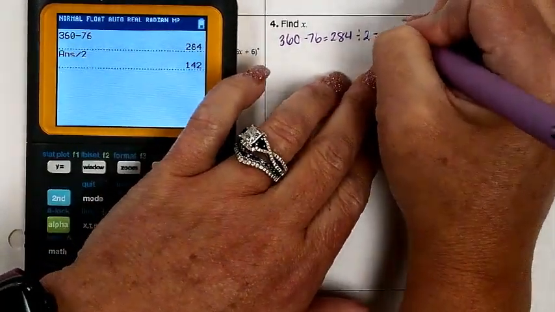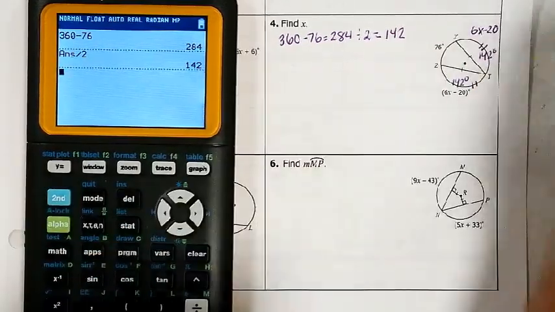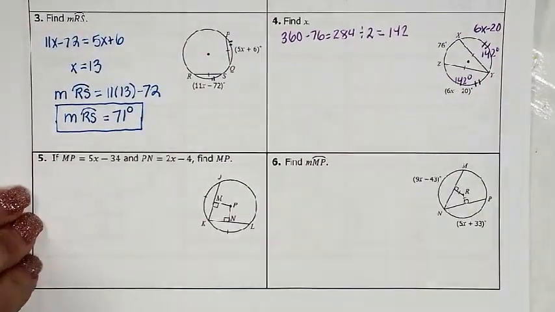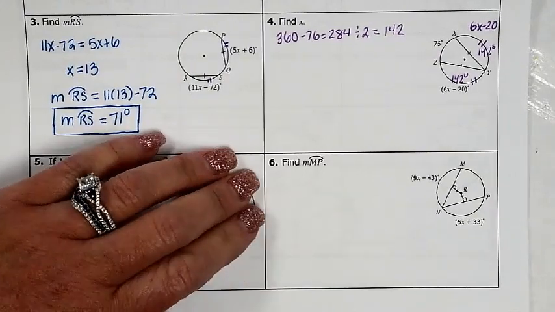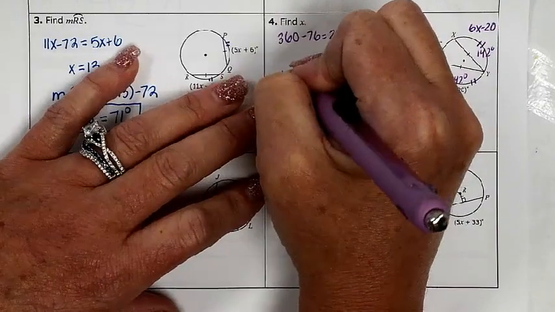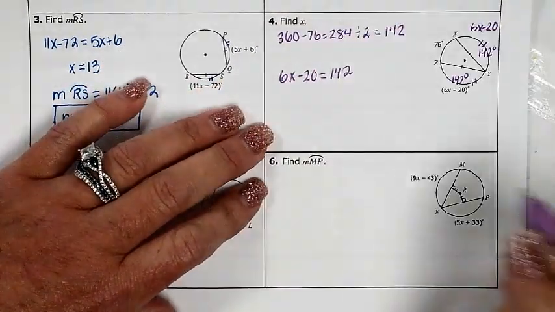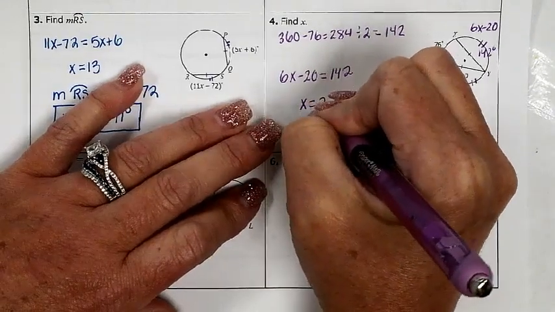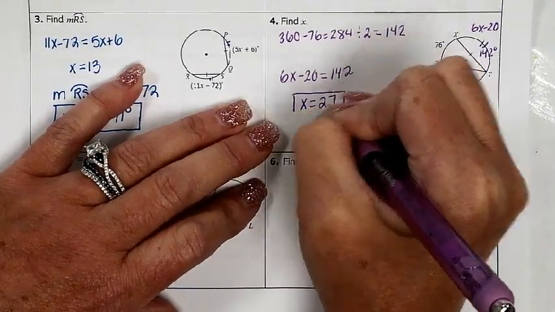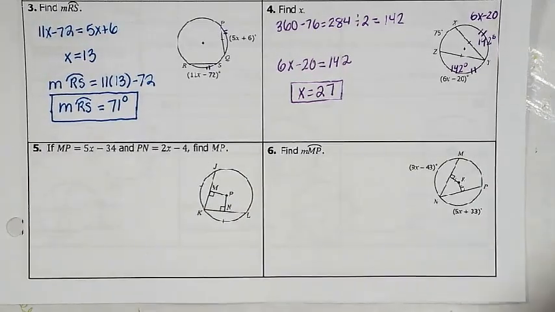So these arcs are 142 degrees. So then, to find x, we can just say that 6x minus 20 is equal to 142. Which, when you solve, gives you x is equal to 27.